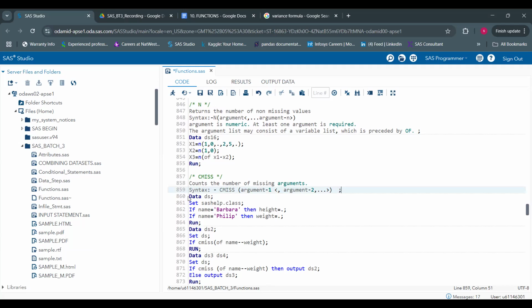If you see here we have this data ds, and I want to calculate if cmiss of name hyphen hyphen weight. What does this mean? Name double hyphen weight.